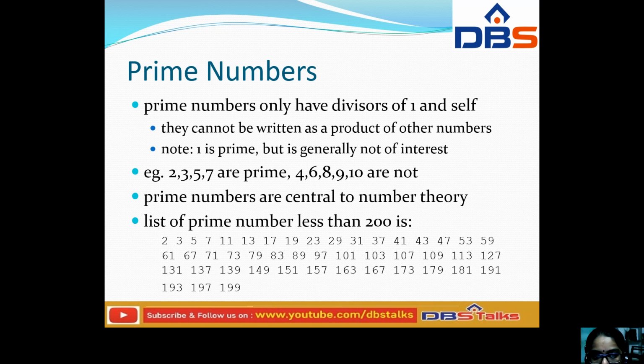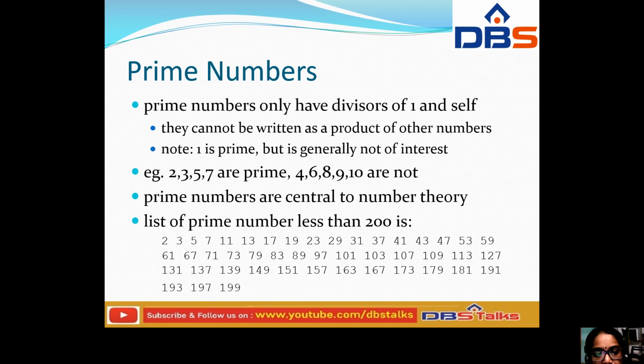So these numbers are divisible by themselves and by other numbers also. But the prime numbers 2, 3, 5 and 7 are divisible only by themselves. So this is the example.